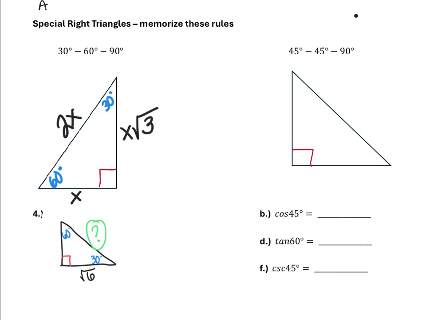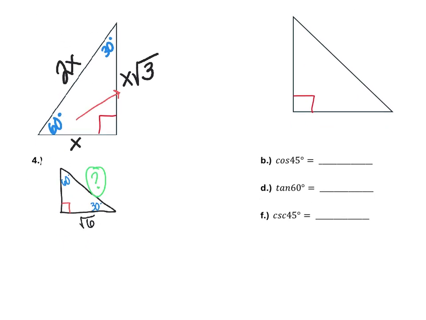So if we know that the side opposite 60 degrees is always equal to x root 3, can we solve for x? Sure. Yes. We know that the square root of 6 has to equal that ratio, right?